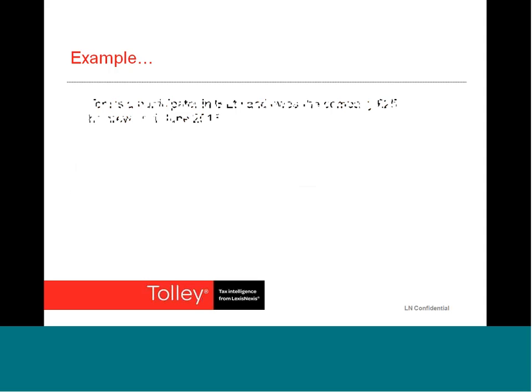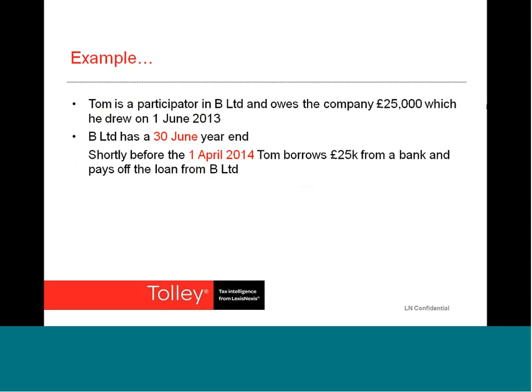Another scenario, let's have a look at this one. Tom is a participator in B Limited and owes the company $25,000, which he drew on the 1st of June 13. The company has a 30 June year end. Now, normal due date is 1 April 14.